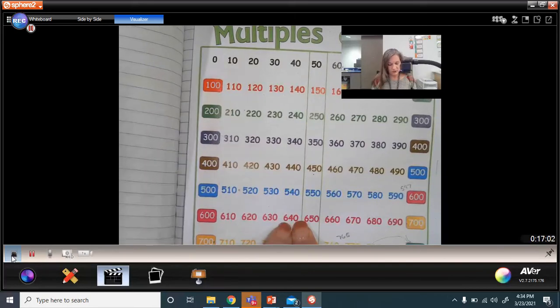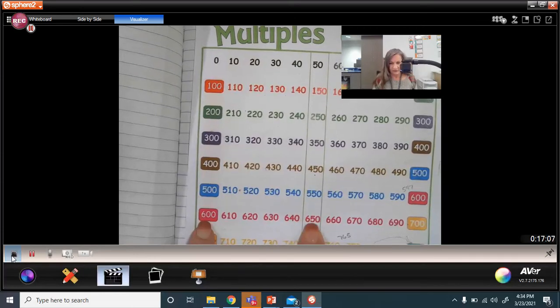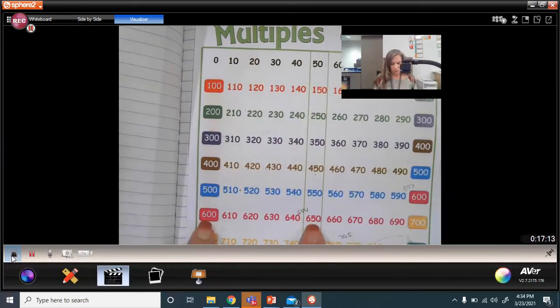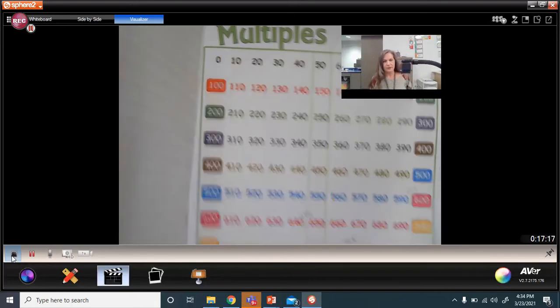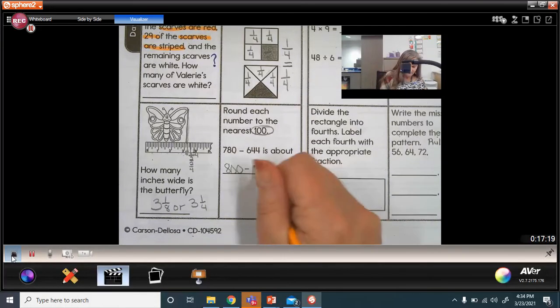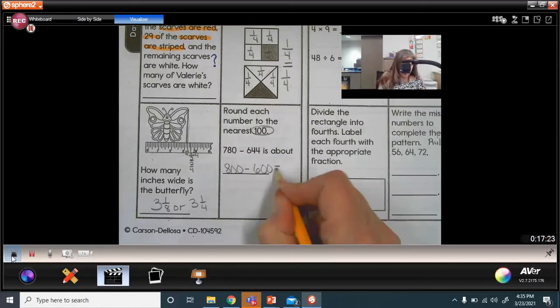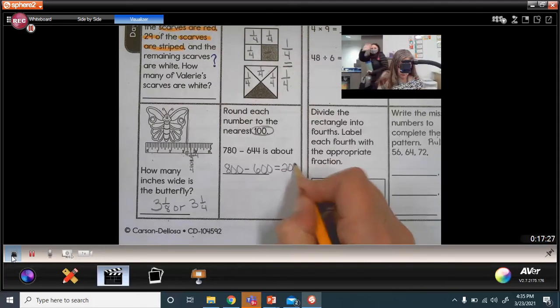So rounding to the nearest 100, 644 is less than 650. It's right here, right? So if it's here, we're going to round 644 to 600, our nearest 100. And when I subtract those, I am going to get a difference of 200.